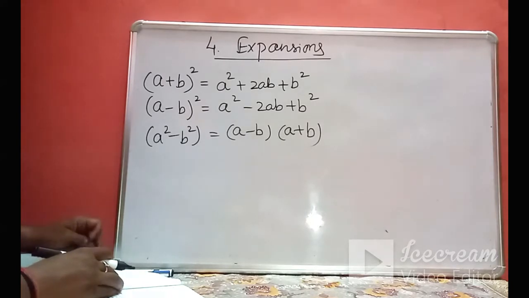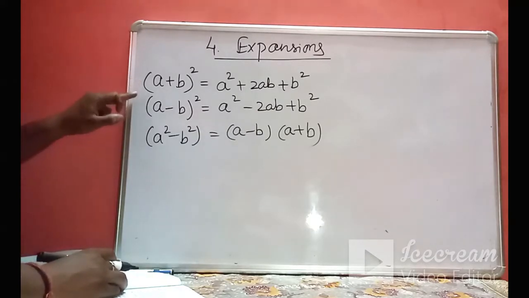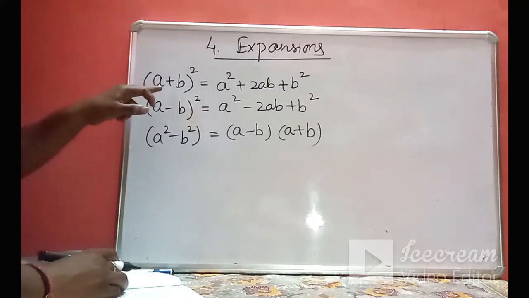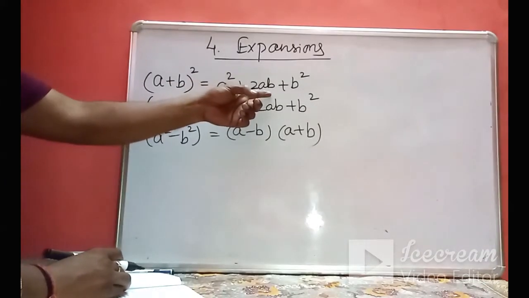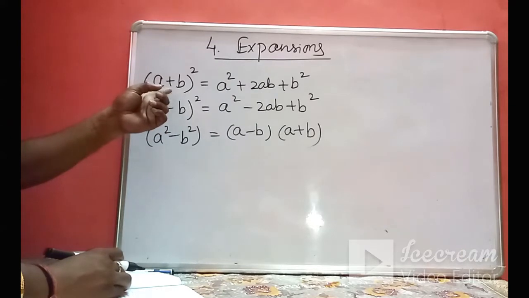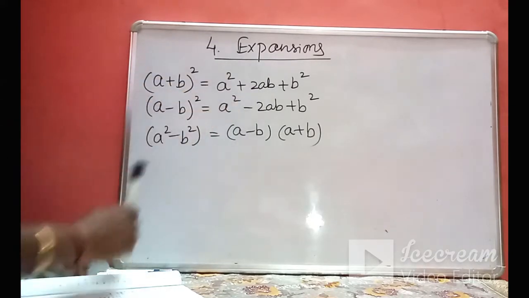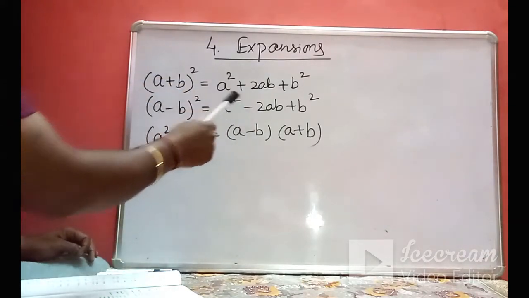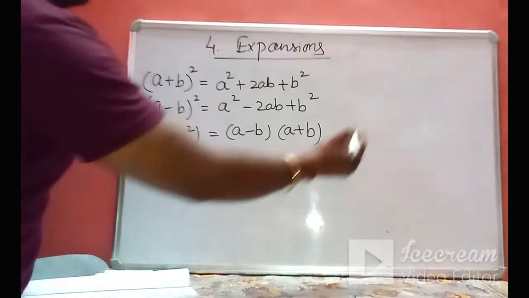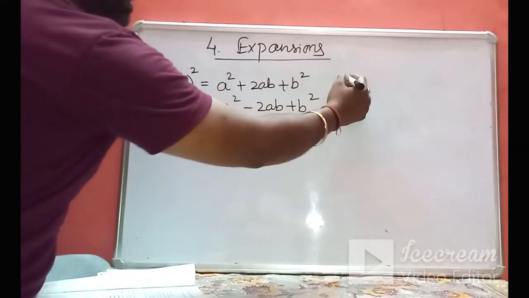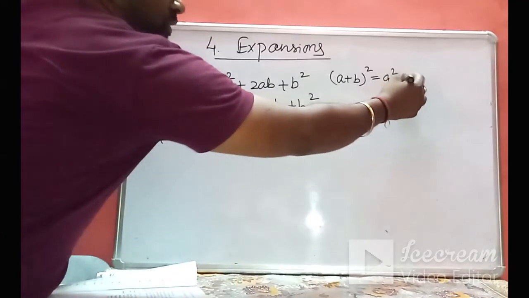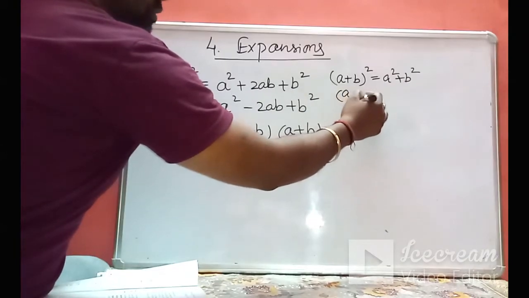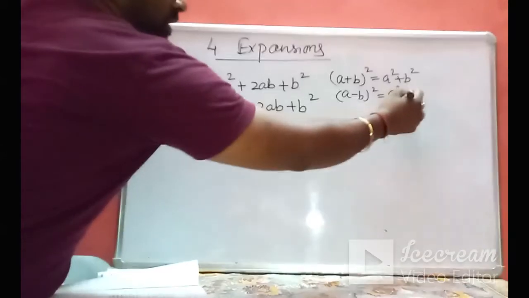Now, one of the major mistakes that students make in these two identities, if you see it very carefully, is that the only difference is the middle term, 2ab. Whenever it is (a + b) whole square we write plus 2ab, whenever it is (a - b) whole square we write minus 2ab. The mistake students make is writing (a + b) whole square as a square plus b square, and (a - b) whole square as a square minus b square.